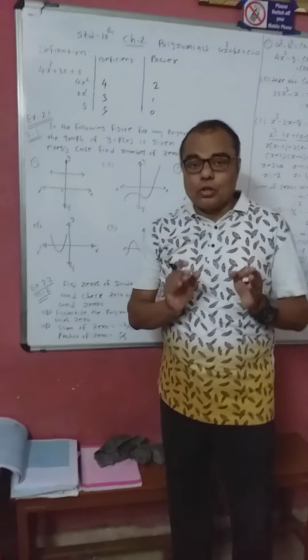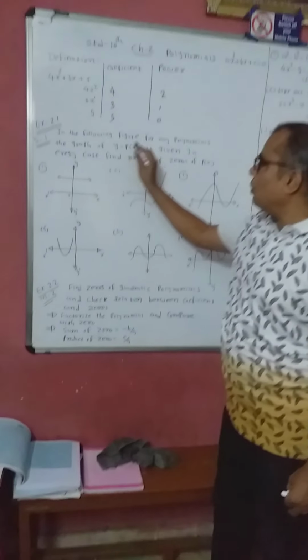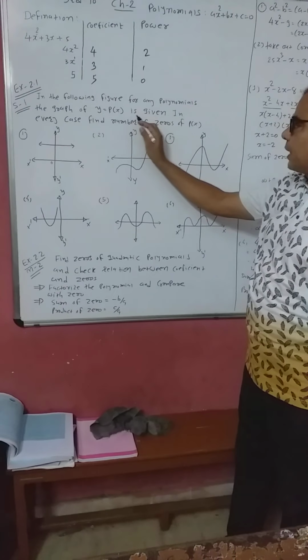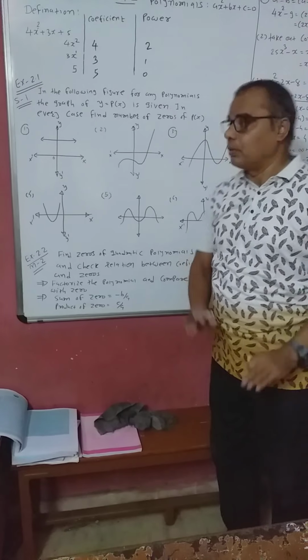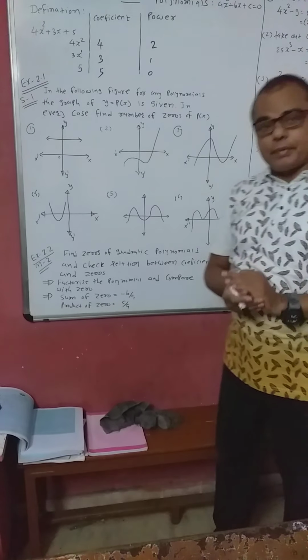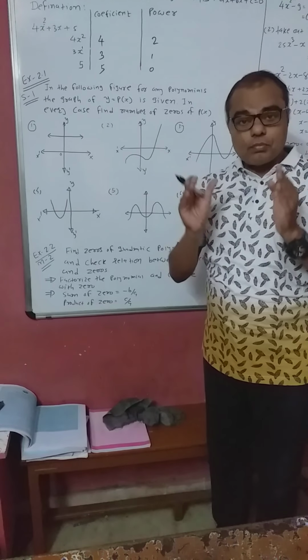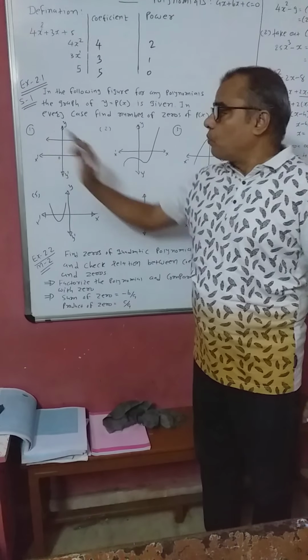Now I am going to start the 2.1 exercise. In the following figure, for any polynomial, the graph of y equal to p(x) is given. In every case, find the number of zeros of p(x). So how many zeros does it intersect?